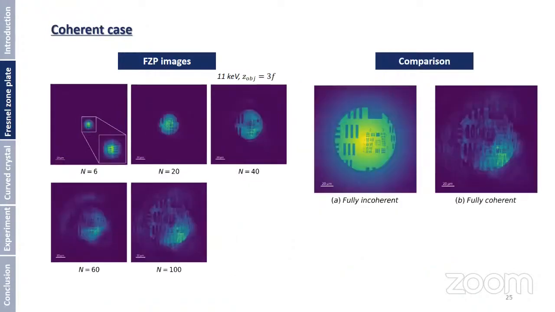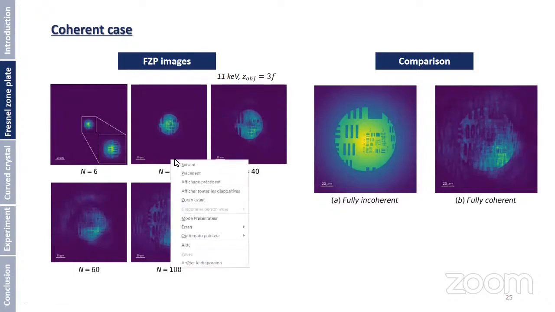Now we will turn to the fully coherent case. And we can observe the same evolution of the first order image quality with the different numbers of zones. But at the same time, the other diffraction order images become more intense than in the fully incoherent case.